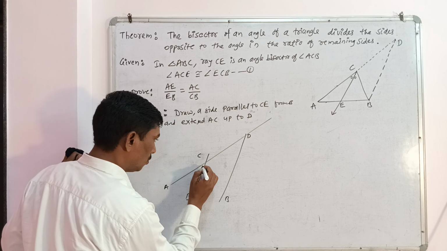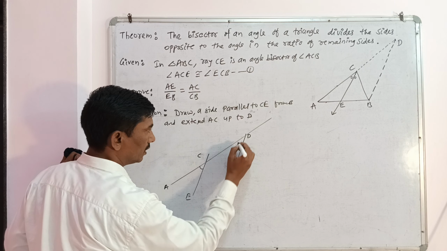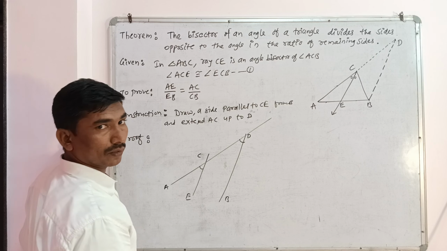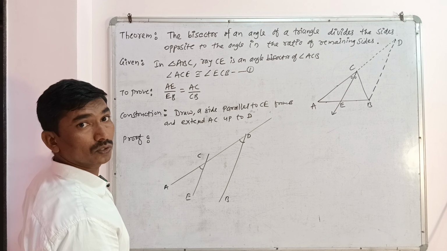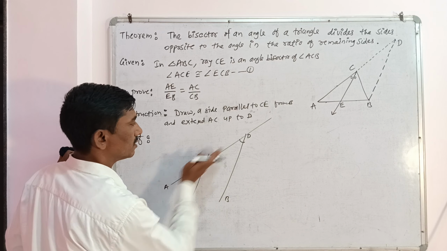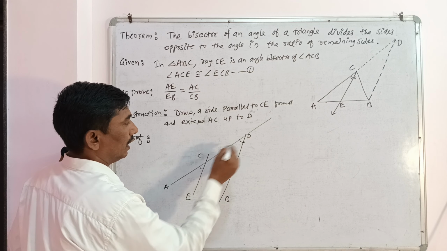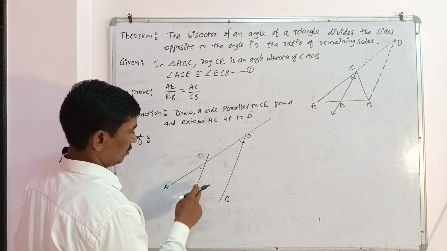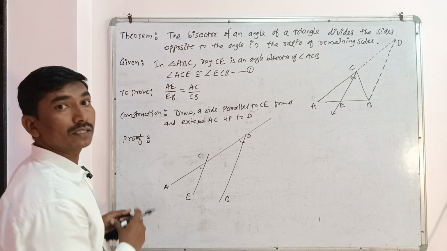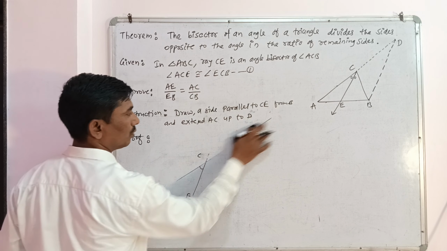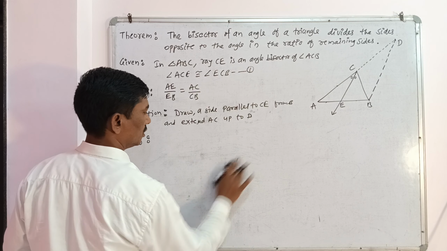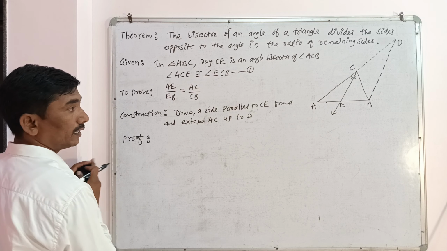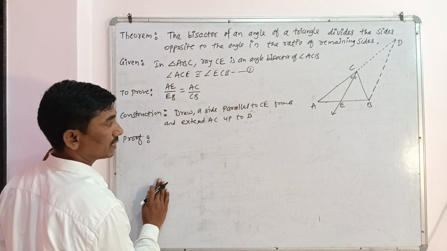Okay, so what we can say is these two angles are the same, or these two angles must be congruent. Why? Because these two are parallel and this is a transversal. So these types of angles are corresponding angles. If two lines are parallel, then corresponding angles made by a transversal are congruent, isn't it? This we have learned in standard 9, in the previous standard.